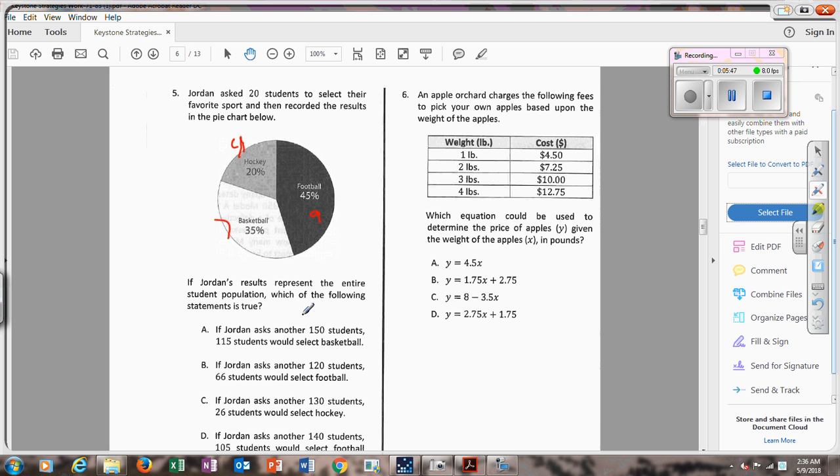So A is out. If it's 120 students, 66 would select football. So you would do 0.45 times 120. That gives you 54. So that one's out.